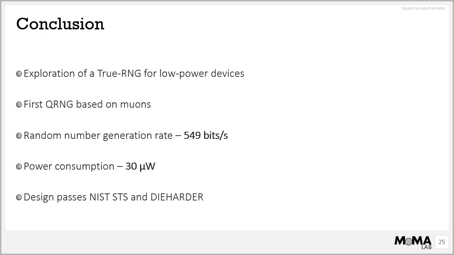The implementation is capable of reaching a random number generation rate of up to 549 bits per second, with a power consumption of about 30 microwatts, making it ideal for low-power embedded applications. To the best of our knowledge, this is the first solution that utilizes muons to produce random numbers, and the proposed architecture is successful in passing all the NIST STS and the Dieharder tests, which is something that makes it ideal for cryptographic applications.